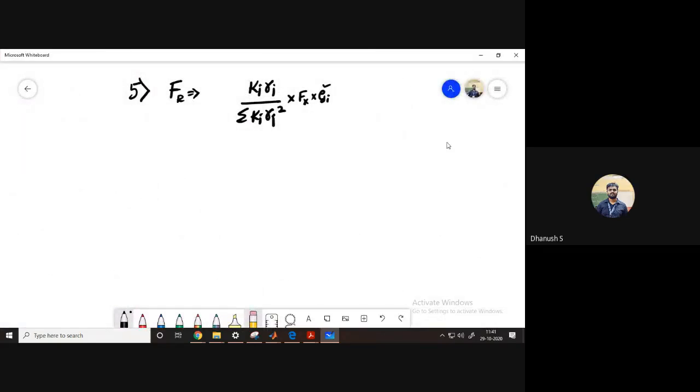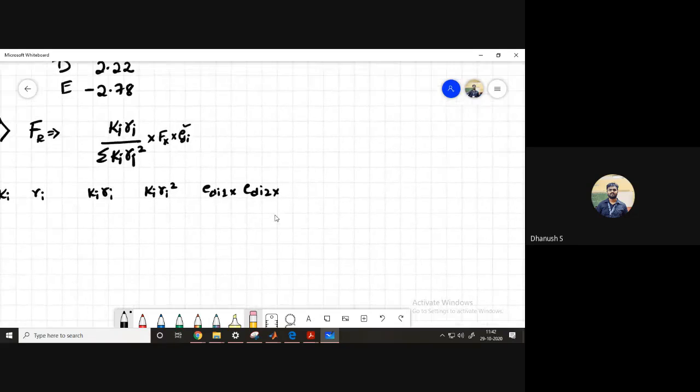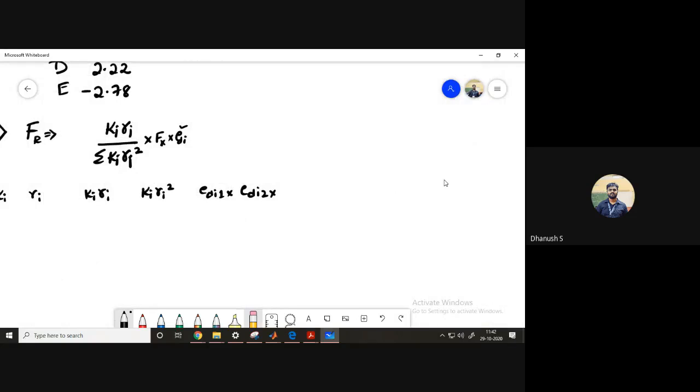It is not like that in the solved problem, but now: wall, Ki, Ri, KiRi, then KiRi square, and then for EDi 1 and EDi 2, I'll call them ED1x, ED2x. Similarly, for your y component you will get ED1y, ED2y, correct? Yes, sir.